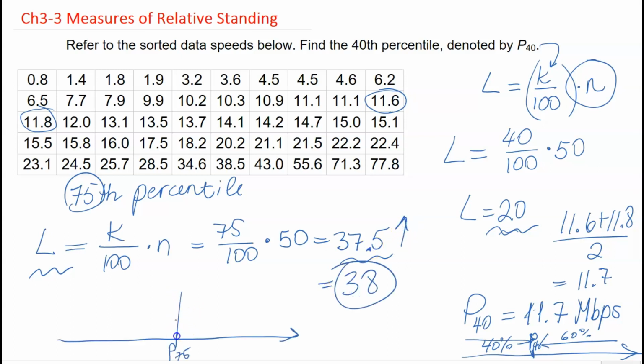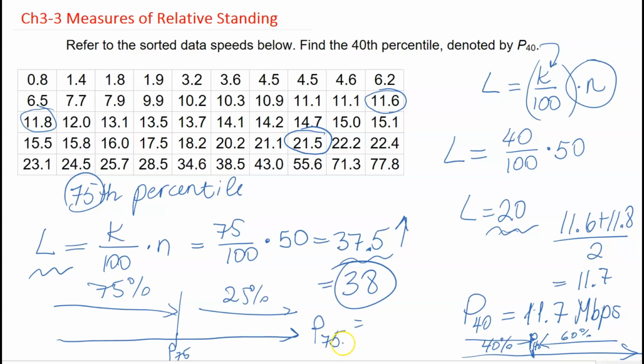The data value that separates the low 75 percent from the high 25 percent of the data is located in the 38th place. 10, 20, 30. The 21.5 data value is located on the 38th place. So P75, or the 75th percentile, is the data value 21.5 megabytes per second.